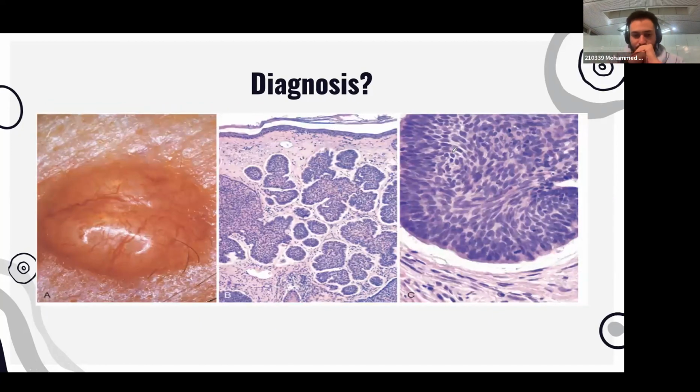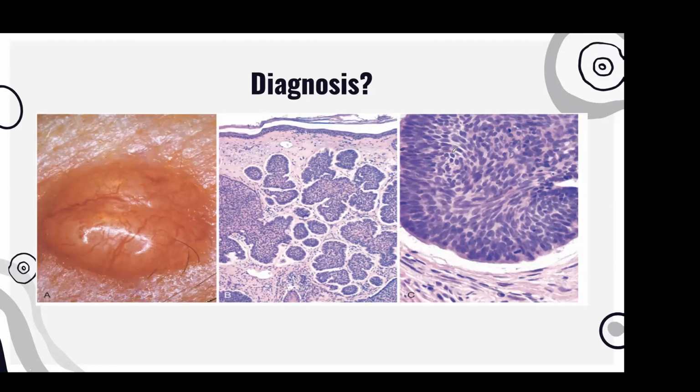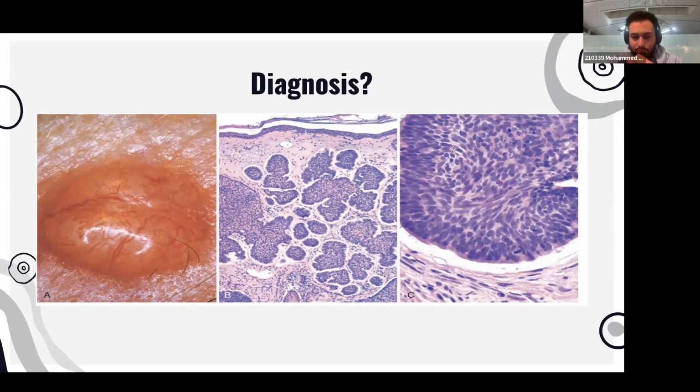Now this one. Basal cell. What's the most common skin cancer? I think basal and then squamous. Yes, good. Basal, then squamous. Now, basal and squamous, do they have high chance of metastasis? Yes.